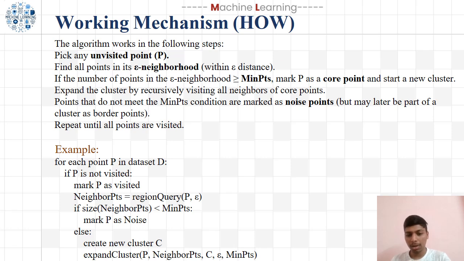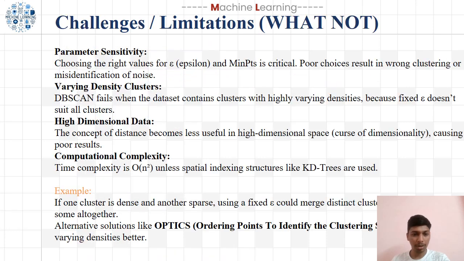Then neighbor points equals regionQuery(P, epsilon). If the size of neighbor points is less than minPts, mark P as noise. Else, create a new cluster C and expandCluster(P, neighbor points, C, epsilon, minPts).